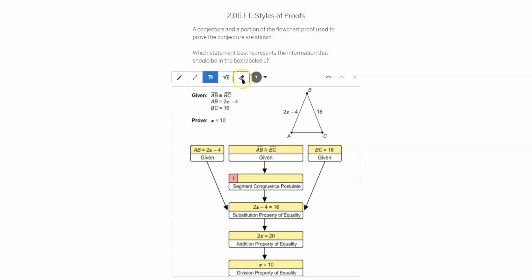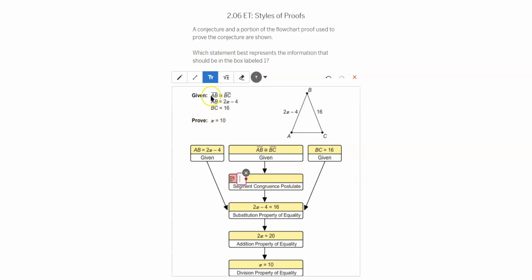A conjecture and a portion of the flowchart proof used to prove the conjecture are shown. Which statement best represents the information that should be in the box labeled 1? Let's see what box we have labeled 1. Right here we have box label 1, and we're missing part of our statement.